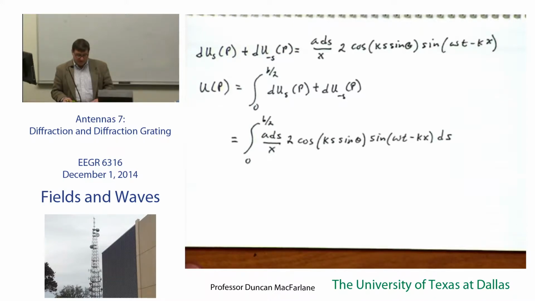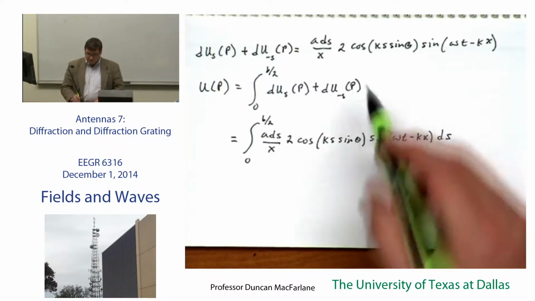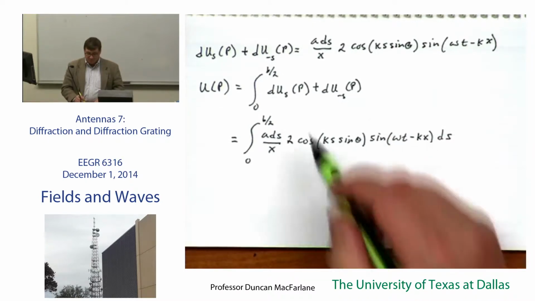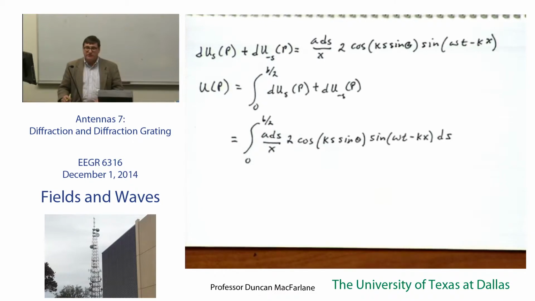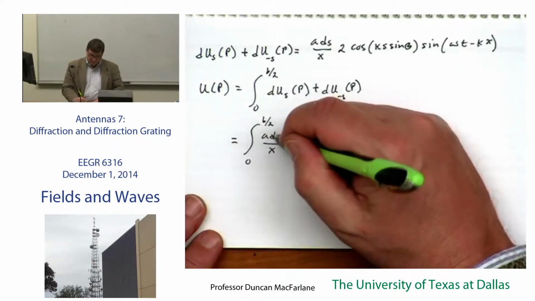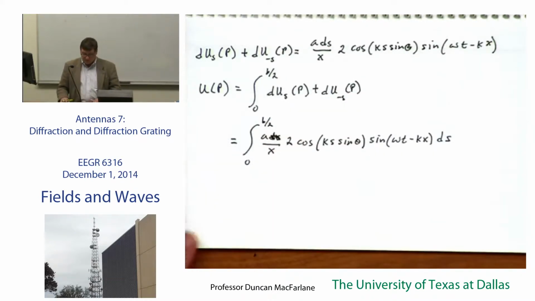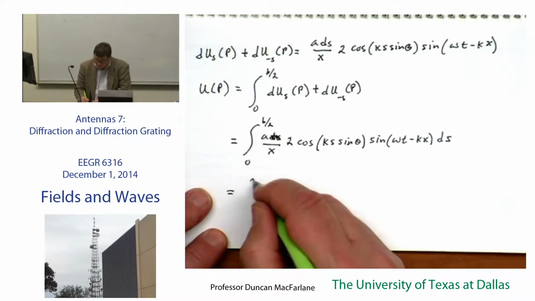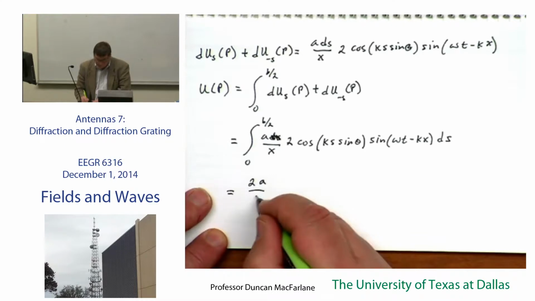So just substitute in. And again, you can see where we might include an additional phase term in here, or an additional amplitude modulation here. I don't think I need both of these DS's. So pull through the integral all the things that are not a function of s.